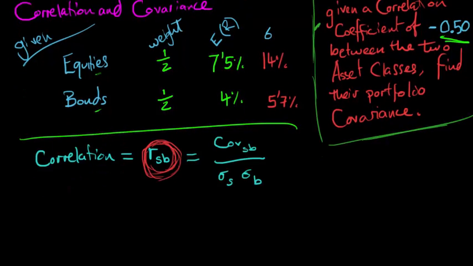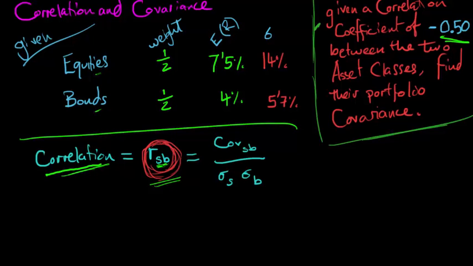Okay, so the formula for correlation is, well, first of all, correlation is equivalent to the R value for the relative pair of S to B. So the correlation is the R value between S and B when you do a regression between the two.